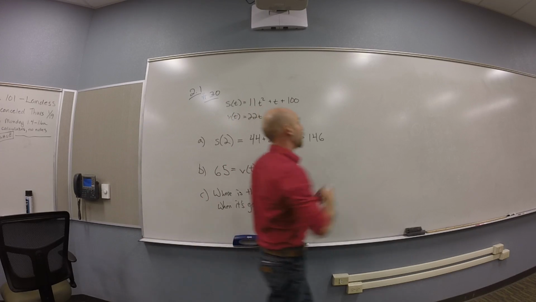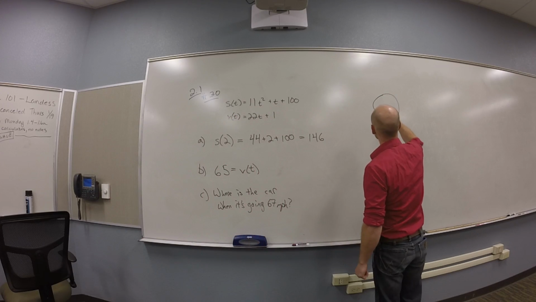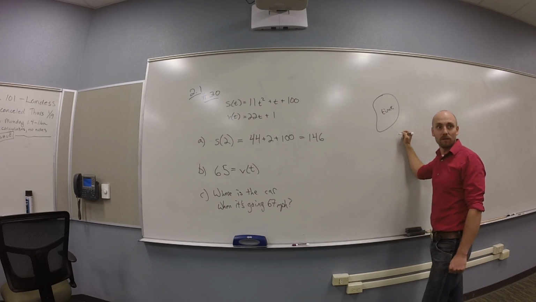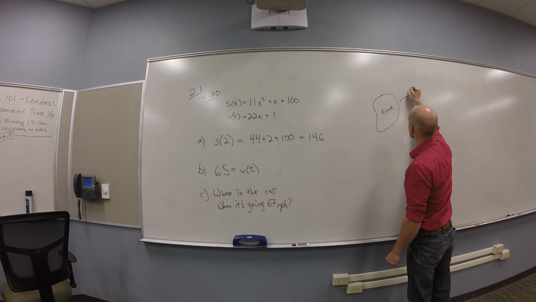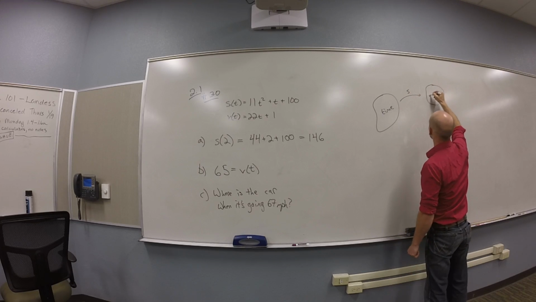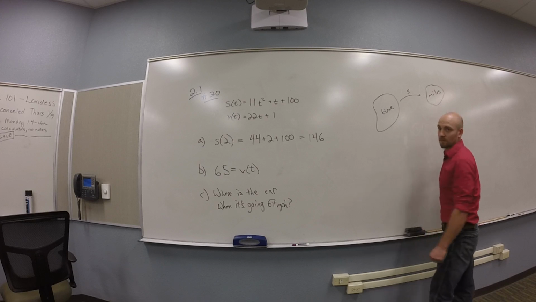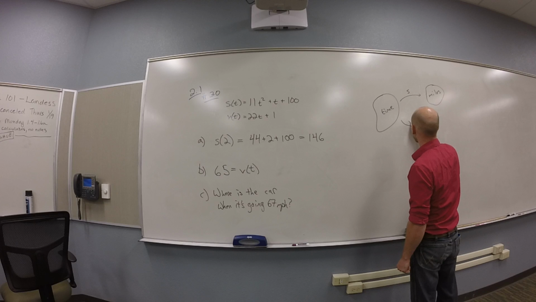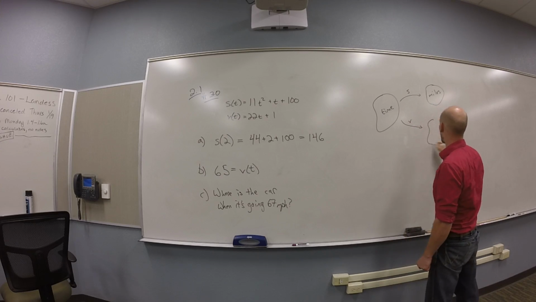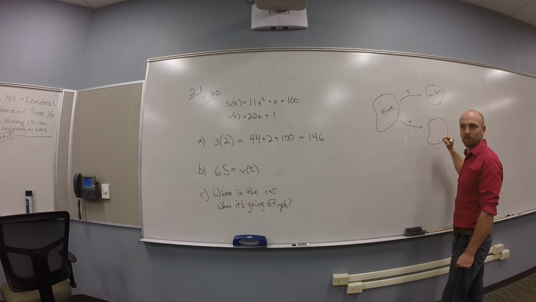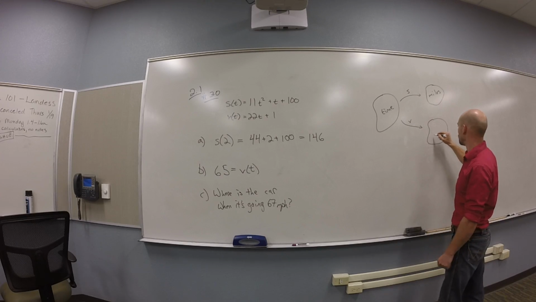So, bubble diagram wise, I'm thinking this. I have some kind of place like time, right? I have a function s that takes time and turns it into miles, and a function v that takes time and turns it into a velocity.